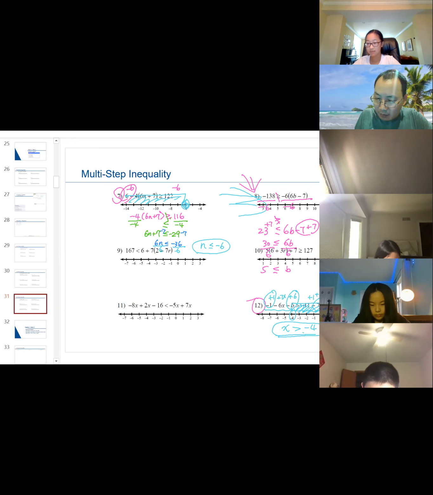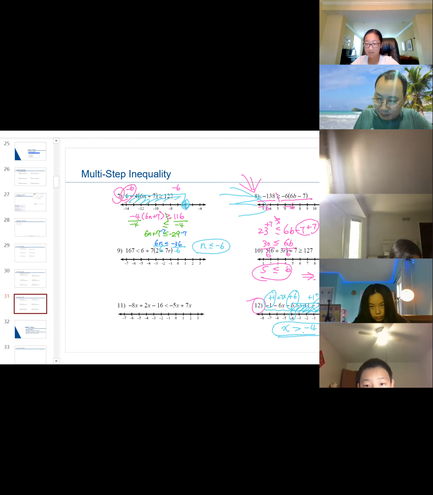It means b is greater than or equal to 5. You can write both ways, both work. I prefer writing the variable on the left, b greater than or equal to 5. But of course, this one is correct too. Someone here still forgot to change the alligator mouth.